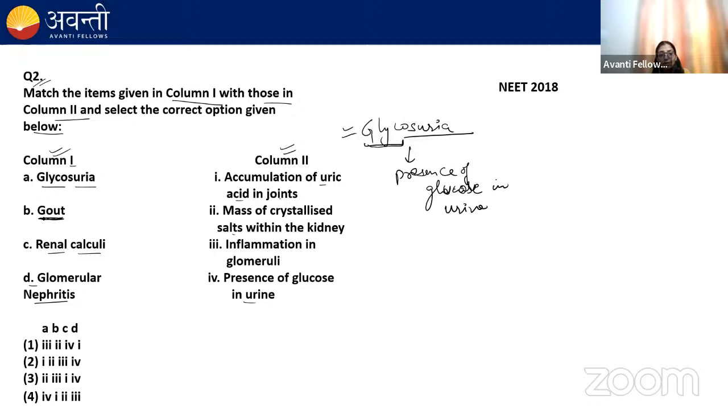Now, gout: I already told you that when you are consuming a diet which contains a high amount of purines, then purine will be converted to xanthine. Xanthine will be converted to uric acid crystals. And these uric acid crystals get accumulated in the joints and lead to gouty arthritis, or we also call it gout.